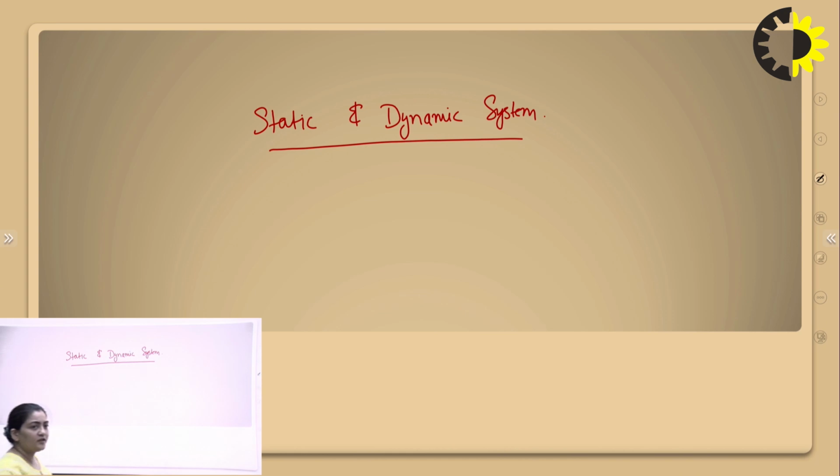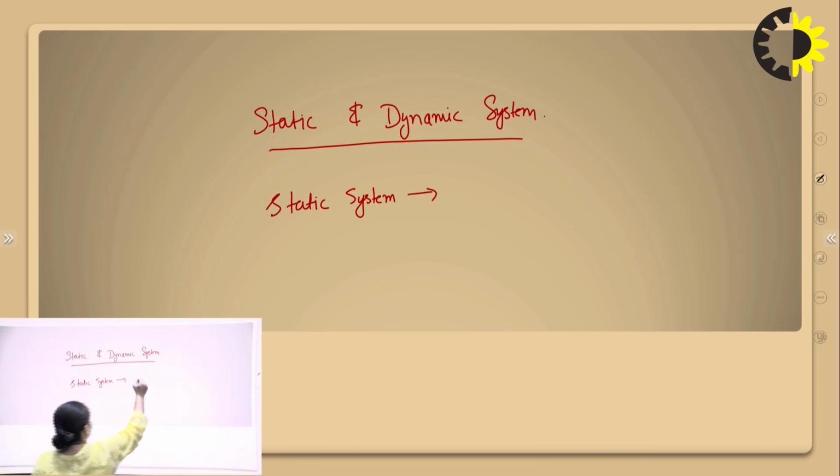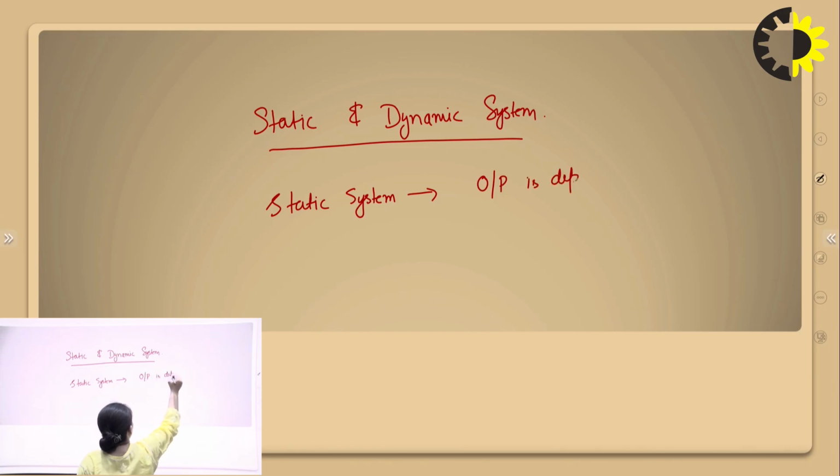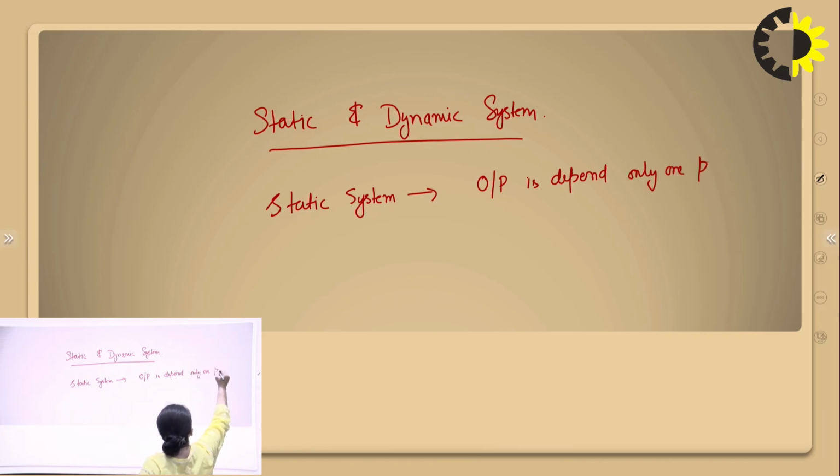So what are static systems? Static systems are those in which the output depends only on the present value of the input.